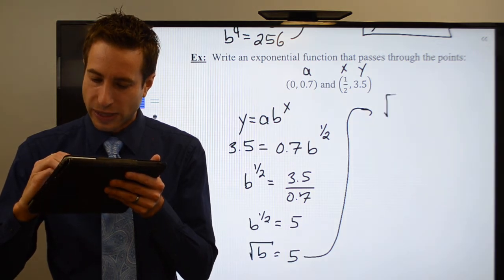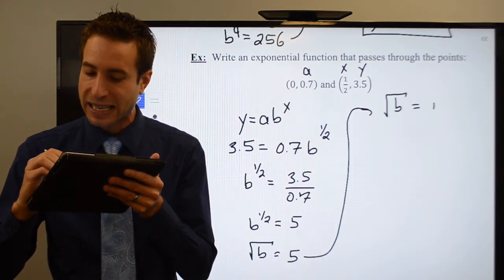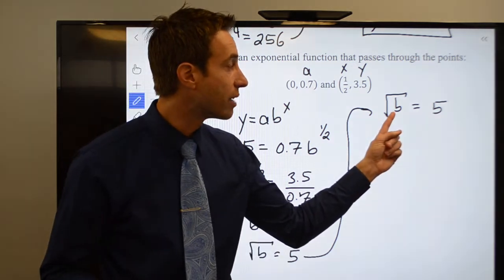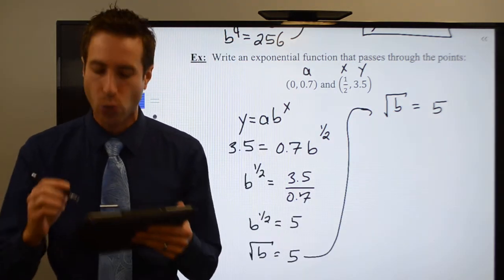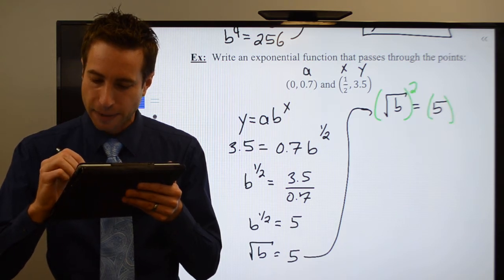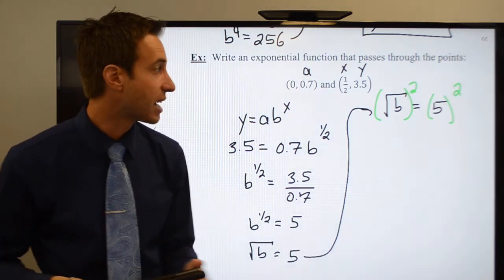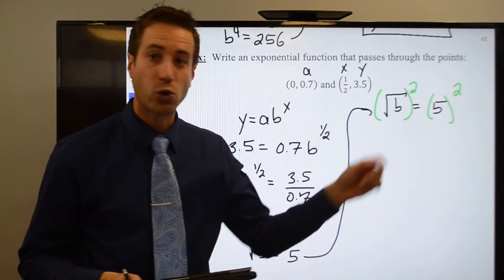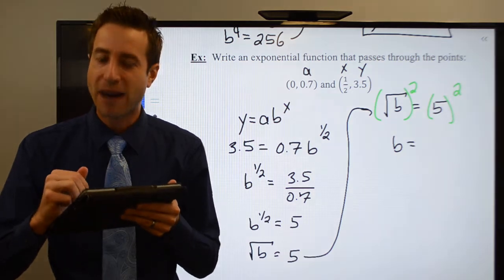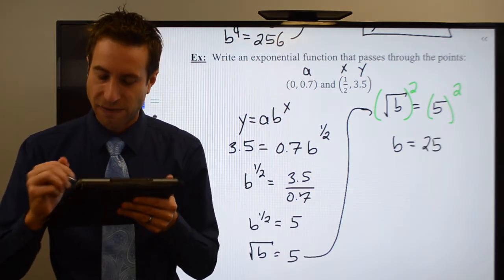Well, in order to get the b by itself, we know from the previous chapter, in order to get rid of the square root, I just simply square both sides, right? Because algebra says whatever you do to one side, you have to do to both sides. The square and the square root will cancel each other out. It'll leave me with a b, and 5 squared is 25.